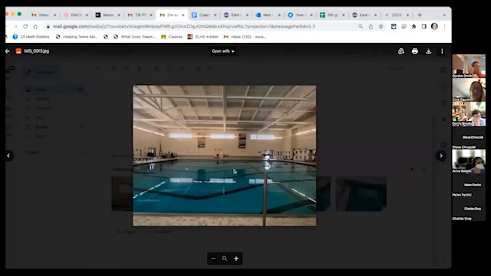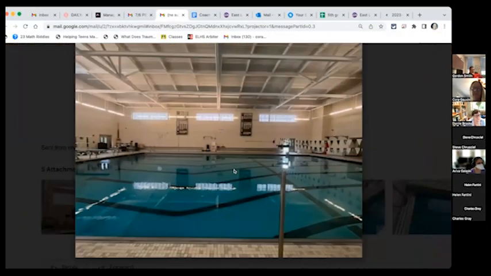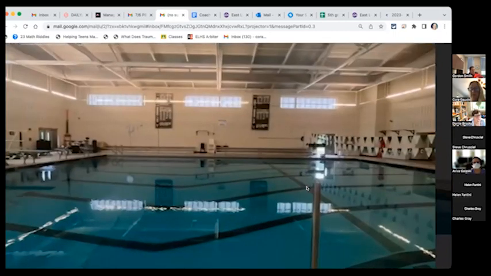So if you look at their pool, this is looking from the bleacher side of where all the stands are, looking across the pool to where over here would be where their host team would be for high school meets, or when we have recreation meets, that's where the bullpen is. And if you see this line going across the pool, that's where it changes. And you can see the slope is changing from a gradual slope to a much more steep slope.